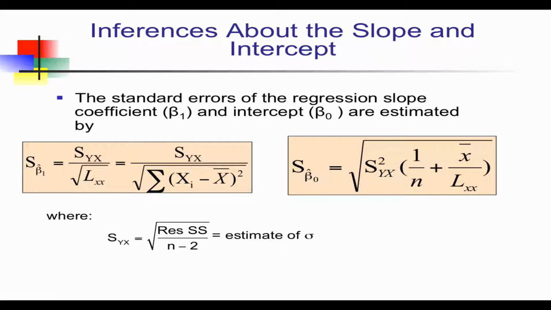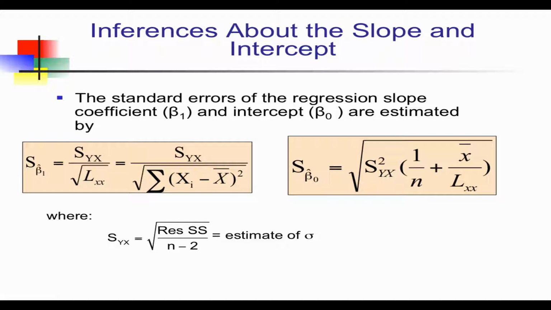So this is a formula that you plug in, and this is the point estimate. And this is the standard error estimate, which equals SYX over the square root of LXX.